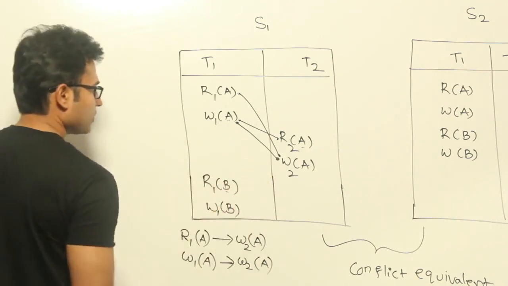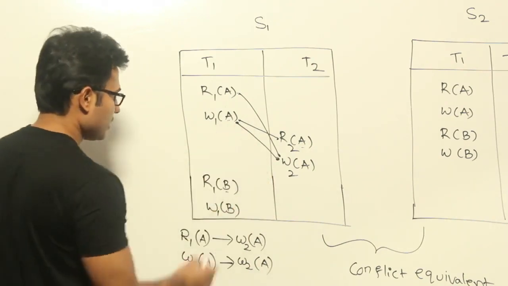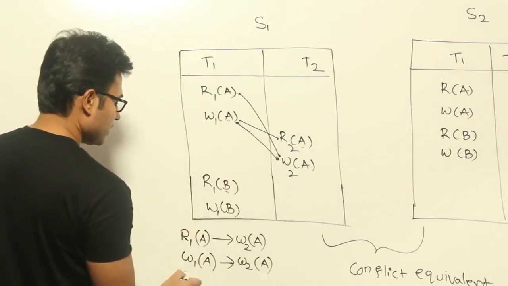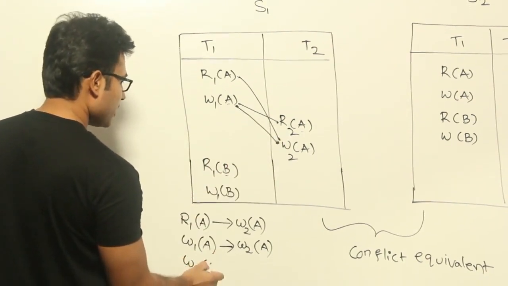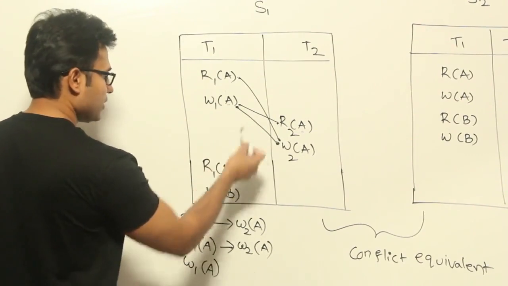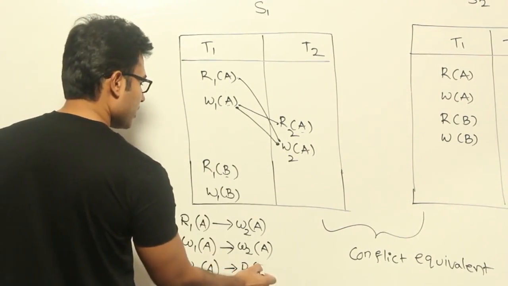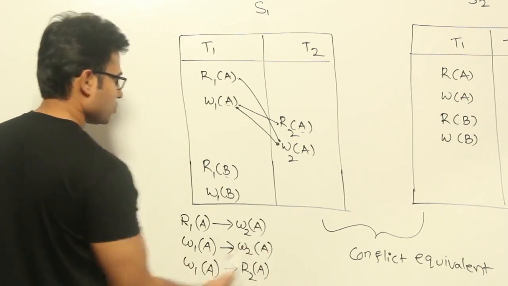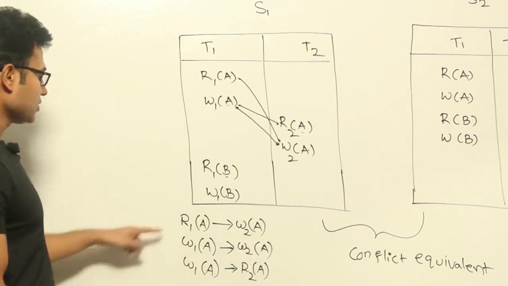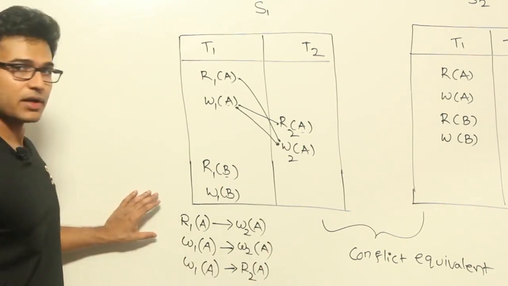And if you look at the next one, between these two, there is a write on data item A by transaction 1, then there is a read on data item A by transaction 2. Alright, so this is the order in which the conflicts are occurring.